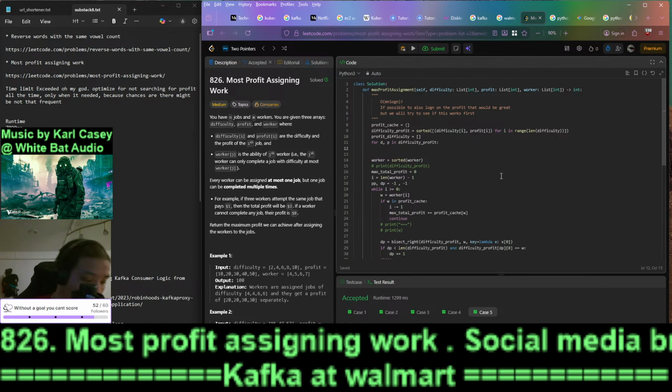Doesn't the index give us, so we look at 35, if the question asks 35, difficulty 35, so we want to find the max, the difficulty 45, 47, right?